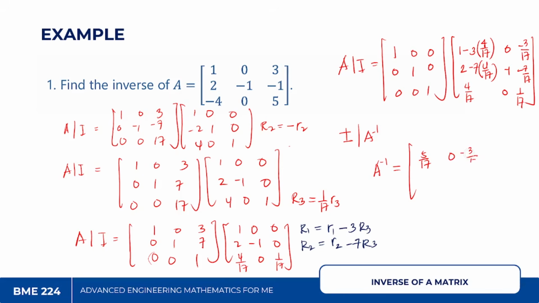Okay, sorry, medyo lag. Okay, wait. So that is negative 3 over 17. And then we have here 2 minus 7 times 4 over 17. Ito, maging 2 minus 14 over, wait, 28 pala. 28 over 17. So this would become equal to 6 over 17. Okay? Check na natin sa calculator.